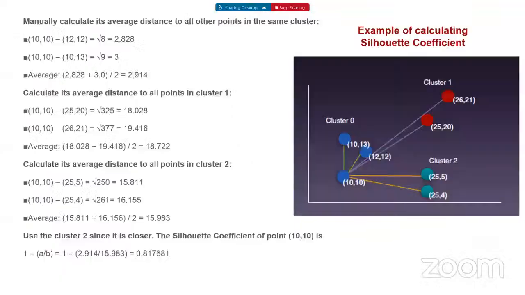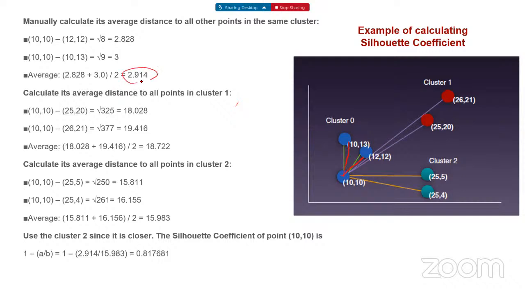I calculate the cluster 0, so the silhouette coefficient of this one. The silhouette coefficient of this one is the distance to these two dots, averaged, divided by 2.